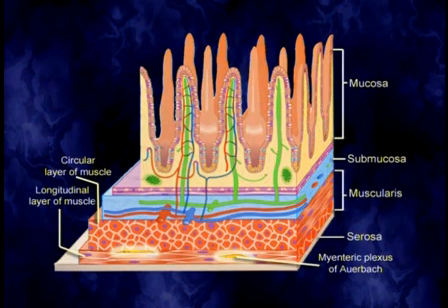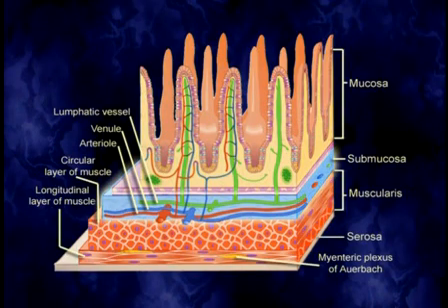Then we go up here and we have both blood supply and lymphatic supply in the submucosa, because it's beneath this mucosal layer. And here we have a very typical slice of the mucosal layer as it sits in its villi. It's designed to have maximal absorptive power.